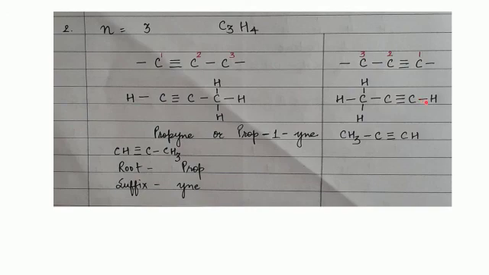It needs 2, so it will form one single bond with one hydrogen. So 6 plus 2 is 8. So the octet for this carbon is also established. The name of this compound will also be propyne or prop-1-yne. So we can write it as CH3 single bond C triple bond CH. So this is the structure for propyne.